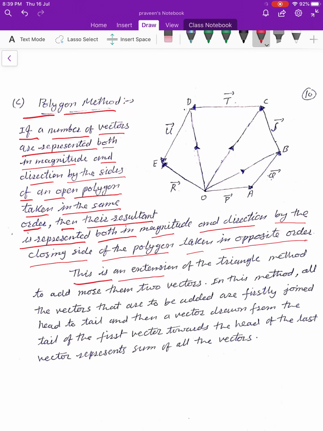This is an extension of the triangle method.